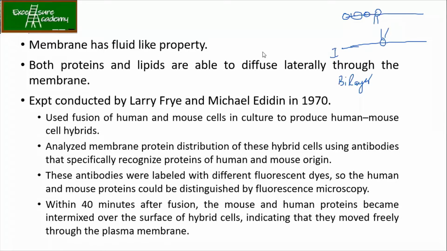It is possible for this phospholipid to come in and this phospholipid to go outer. For this, we have the enzymes called flippase from here to here, floppase from here to here, and scramblase is energy dependent. That's all. Simple.